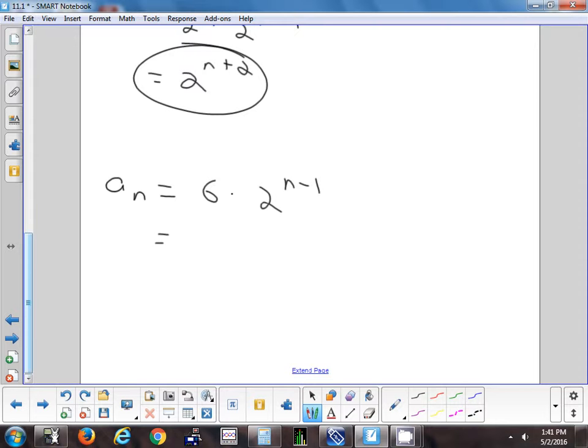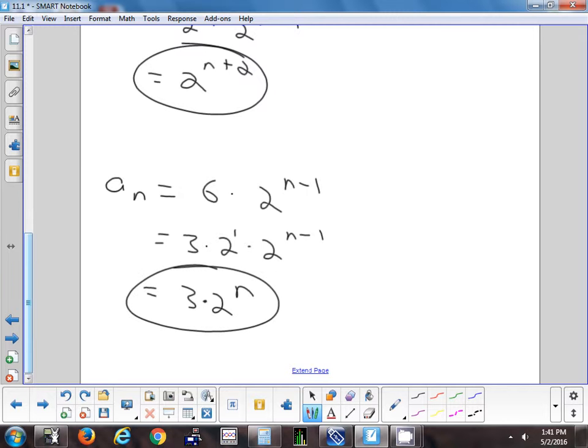Yeah, you could write it as 2 times 3, or I'm going to write 3 times 2. And now what's the exponent on that 2? Again, I would argue that what I circled is a little bit more simplified than what I had, because it made the number in front smaller and it took away the minus 1 from the exponent.